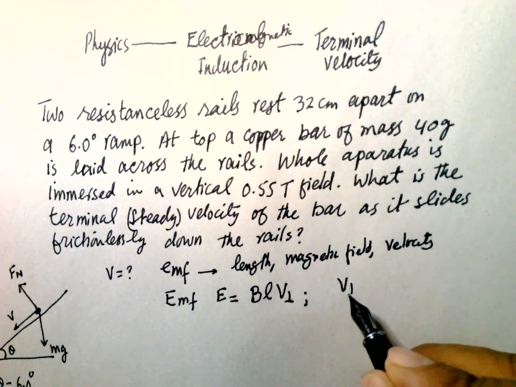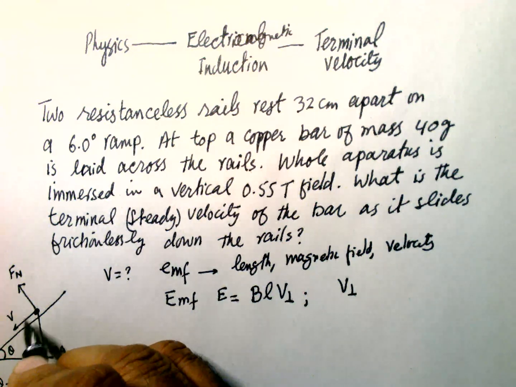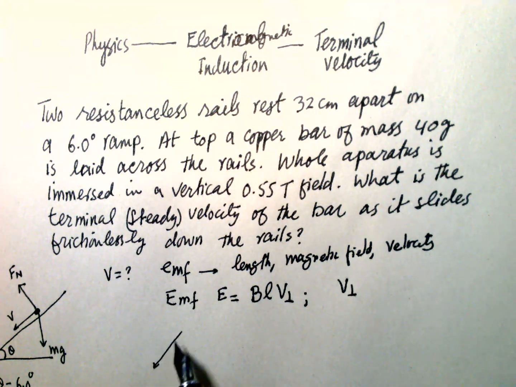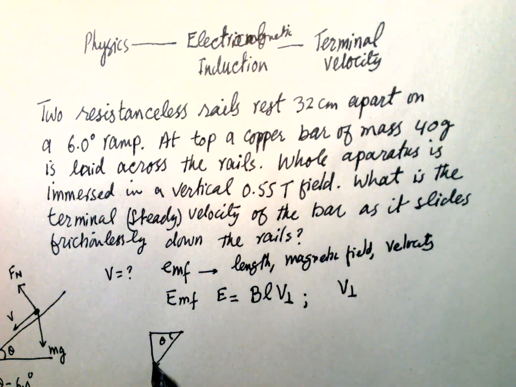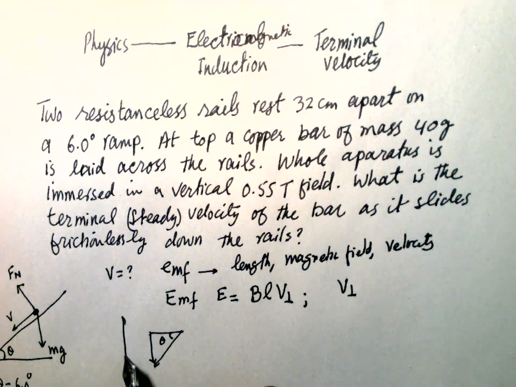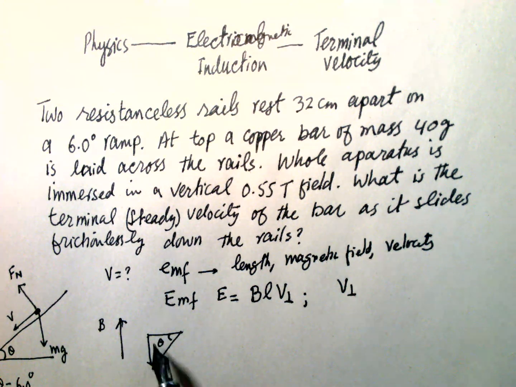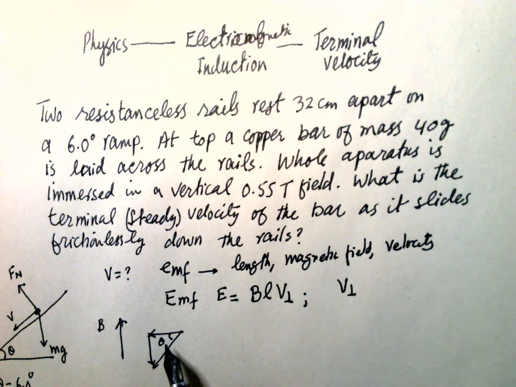So for V perpendicular, this is V, and this is at an angle of theta. So this has two components, and this is B. This is antiparallel, and this is perpendicular.